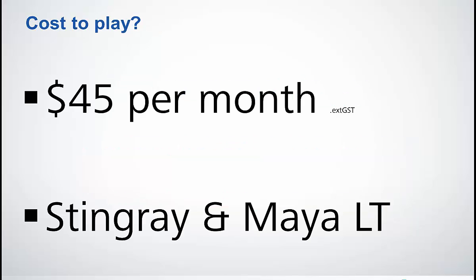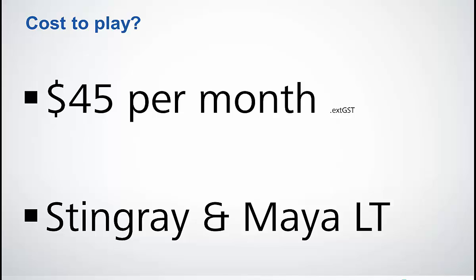Now, the money conversation is something I always try and stay out of. I hate talking about money, but I just want to quickly touch on this because it is quite amazing, I think, how cheap it is. $45 a month, excluding GST, you get Stingray and MyLT. You can get Stingray for $45 a month, or MyLT for $45 a month, or you can just get both of them for $45 a month.